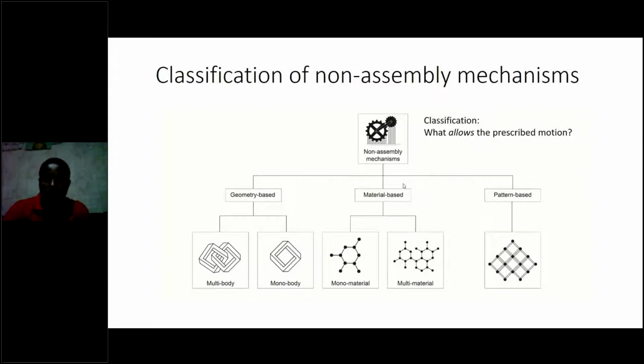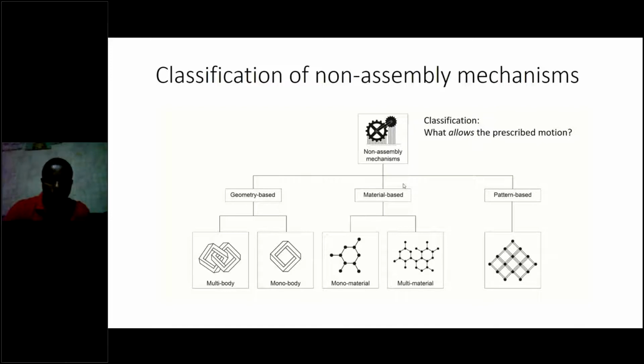I've defined 3 main branches that are based on the motion: geometry-based, material-based, and pattern-based. In geometry-based mechanisms, the movement within the mechanism is foremost caused by the geometry and not so much by the material. While in material-based mechanisms, the material is responsible for the motion and geometry plays a lesser role.